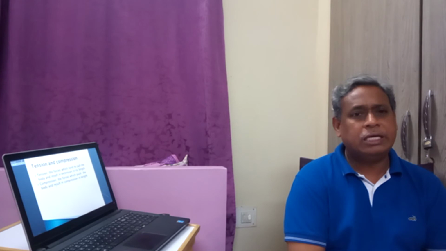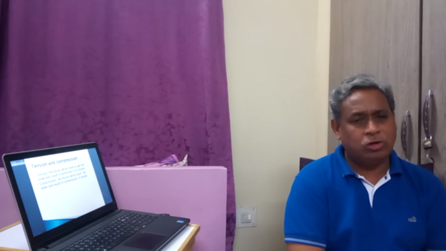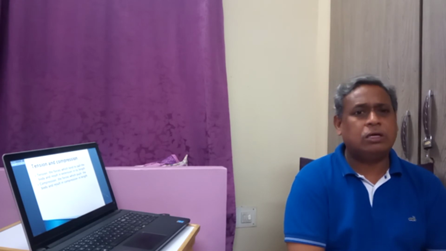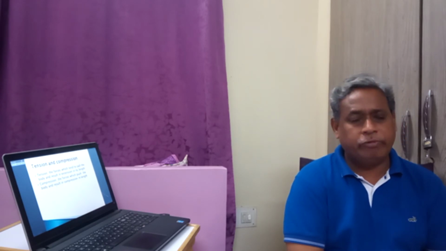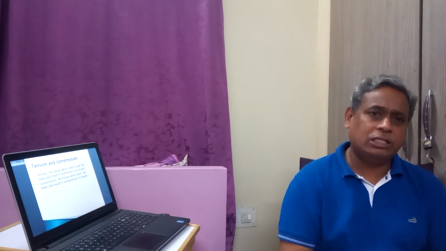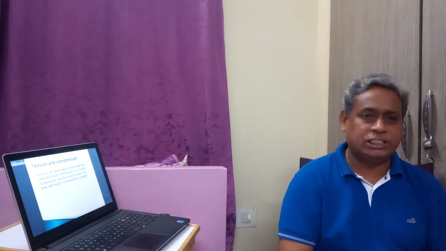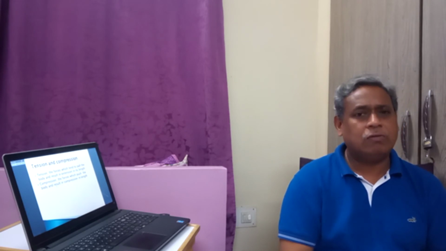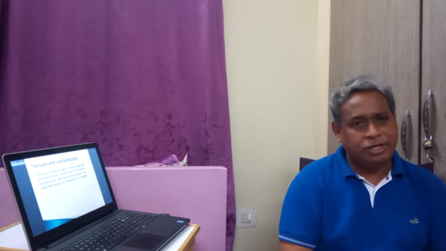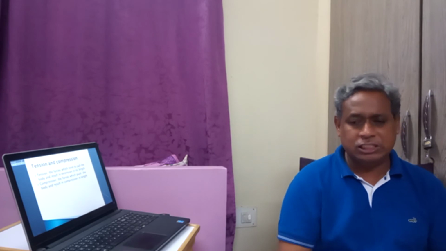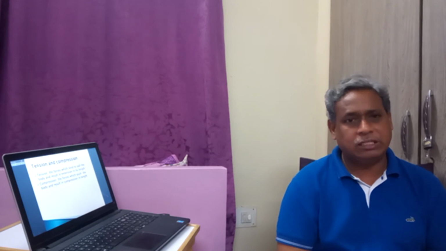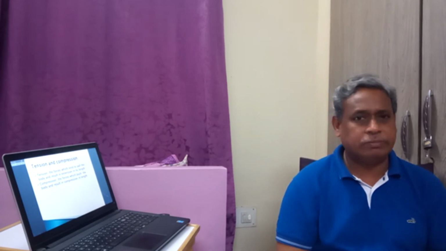That deformation may be in the form of elongation, compression, or change in its volume. When a force is applied and the body elongates, that type of force we call tension. Tensile forces tend to elongate a body. That means the length of the body is slightly increased. If we pull a rubber band, the force which we are applying is tension. That is why the rubber band is being stretched.